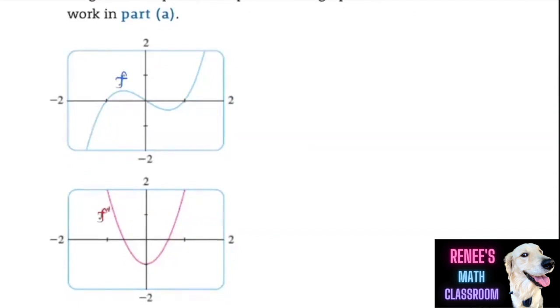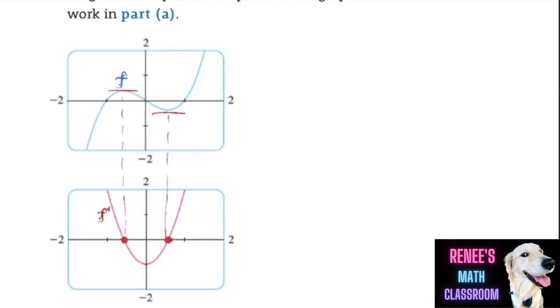F prime corresponds to the slope of the tangent of this f over here. For this graph of f, you have a horizontal tangent here and also here. So at these two corresponding points, you see f prime will be equal to 0 here and here.